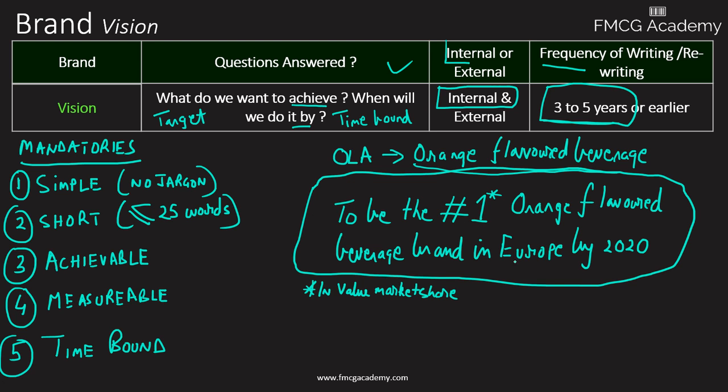Is it simple? Is there any jargon in this? To be the number one orange flavored beverage brand in Europe by 2020, it's pretty straightforward. There are no fancy words. So let's tick that box. Is it short? It's got 13 words. So we've done well with 13. That's reasonably good.